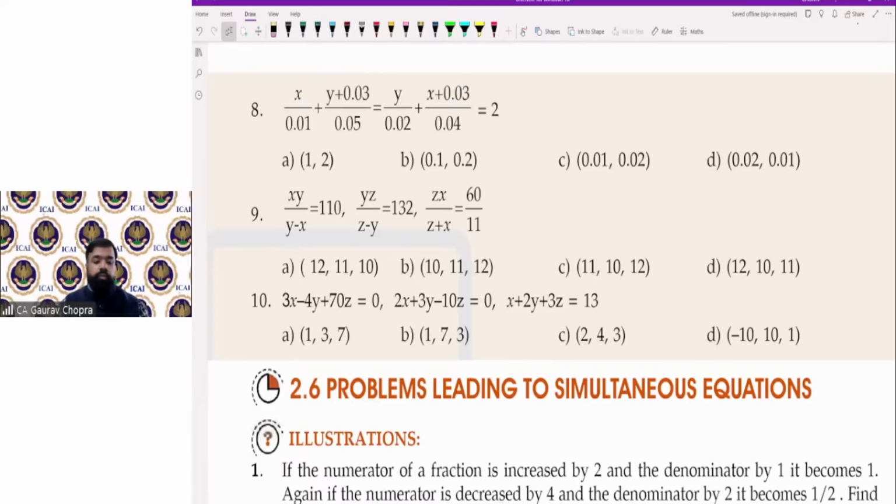Now let's try one more, the 8th one. This time you can try question number 8 and see which is correct. The result is ultimately equal to 2. So let's simplify. Which options are giving the correct result?